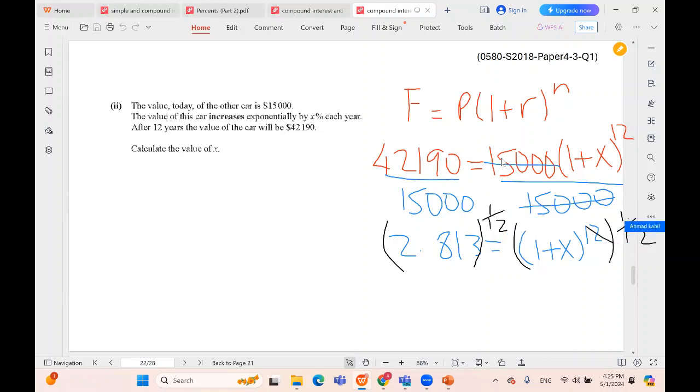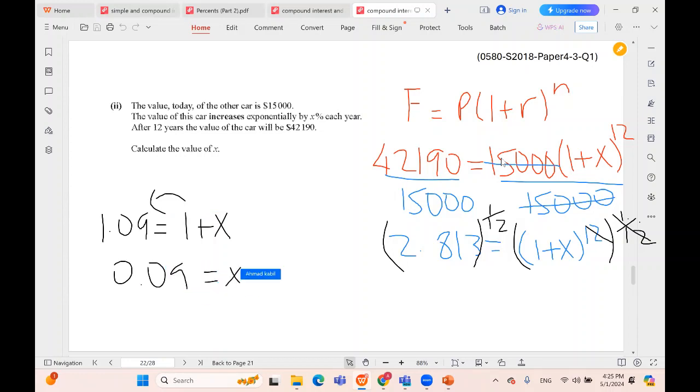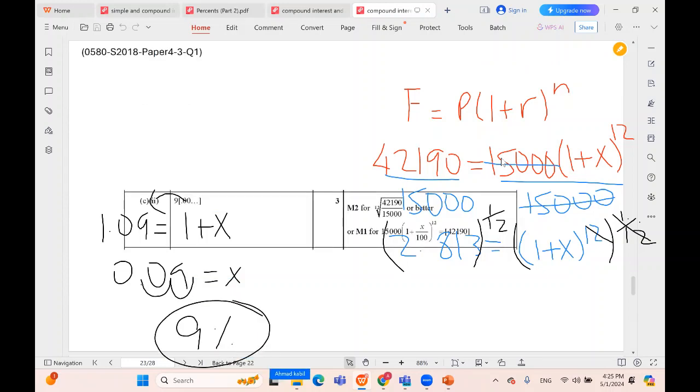These will cancel out. So 2.813 to the power of 1 over 12 gives us 1.0900. So 1.09 equals 1 plus X. We subtract the 1, so 0.09 equals X. Multiply by 100 to get the percent, so 9%. 9% is the correct answer here.